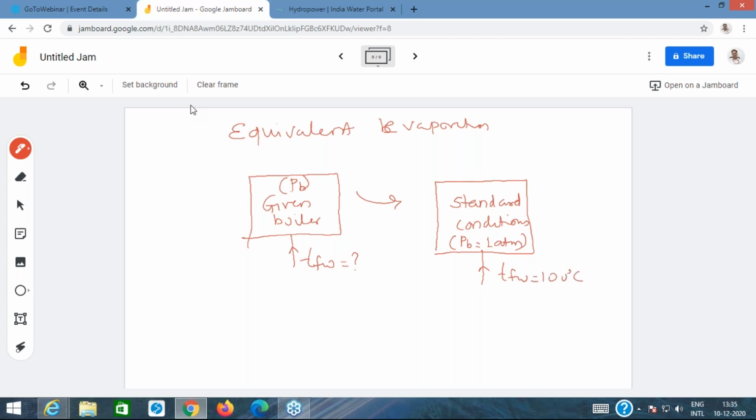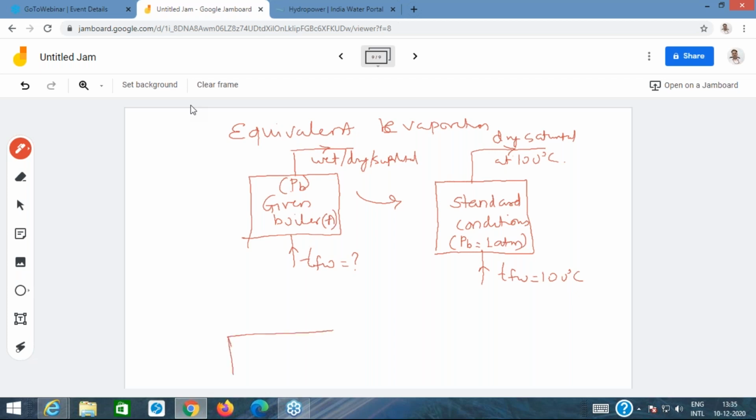A given boiler would have steam which could be dry, wet, superheated, anything. The standard boiler condition is that the steam should be dry saturated at 100 degrees centigrade.